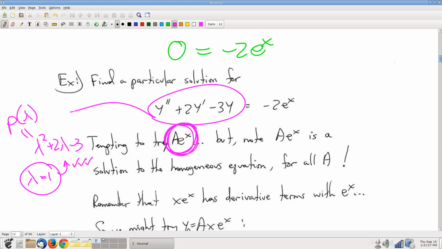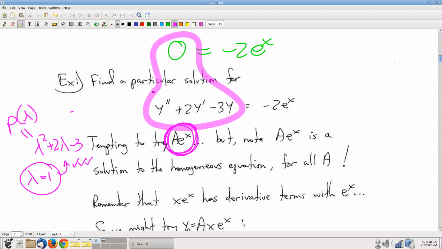So, namely, it's a solution to this homogeneous equation. So the reason that it didn't work out in my attempt to make this a particular solution is because it can't be a particular solution. It's a homogeneous solution. So that's the problem. Okay.